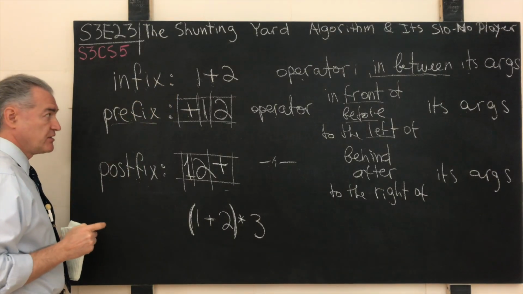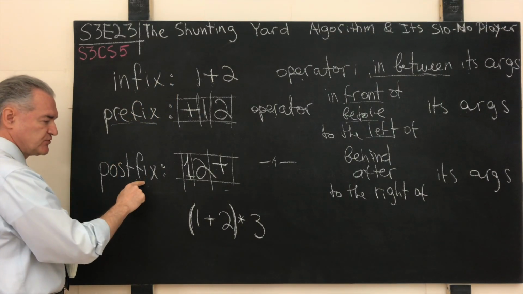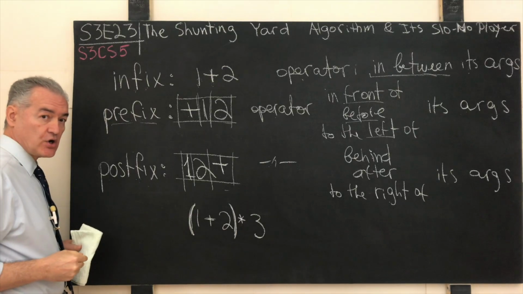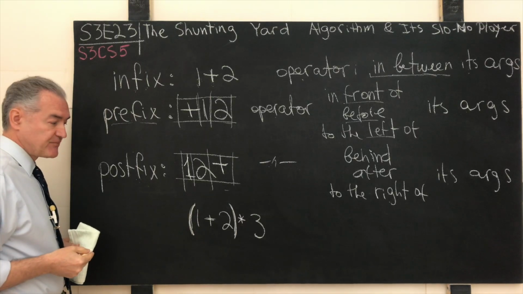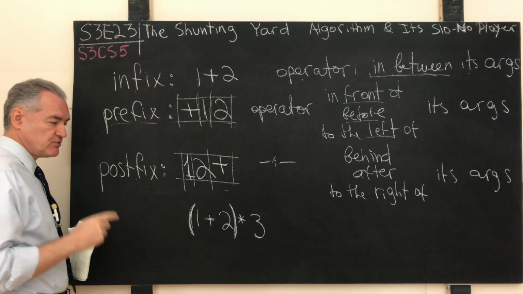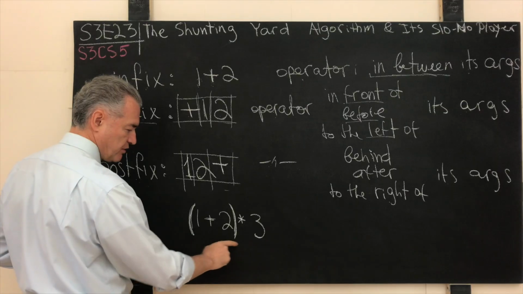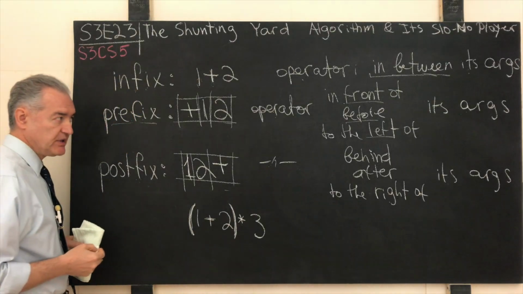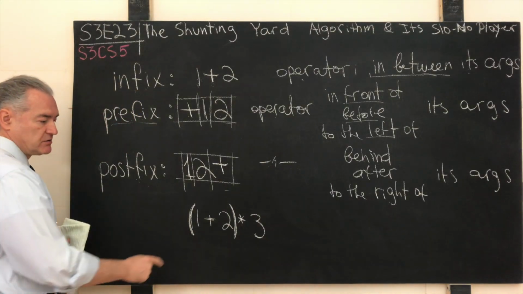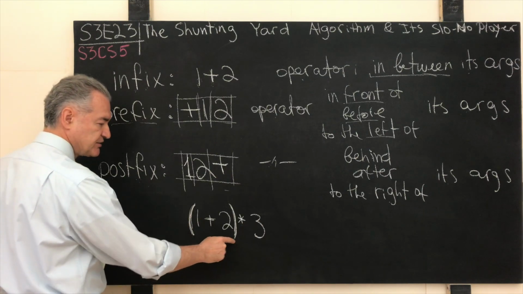In contrast, the reason why the prefix and the postfix notations are computationally friendly is because they do not require the order of execution modifiers, or the parentheses, in order to be executed. They are, let's say in plain English, parentheses free.